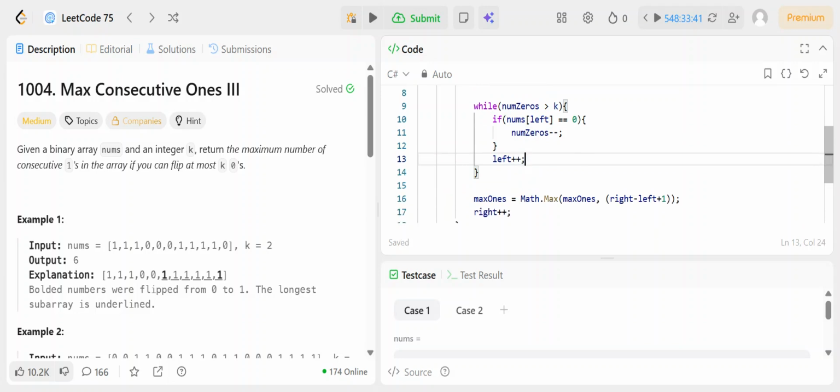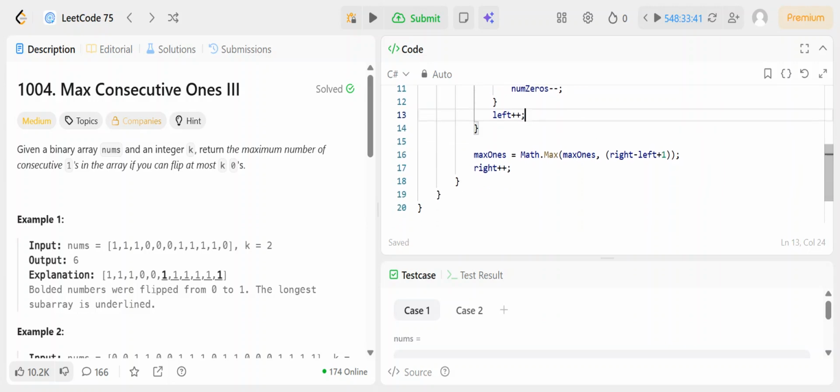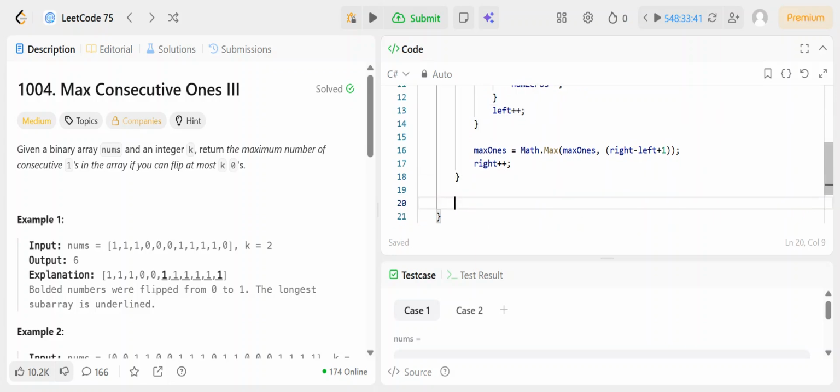These are the things we do when number of zeros is crossing k. That is what I explained in the previous explanation with example 1. Then returning max ones is enough.